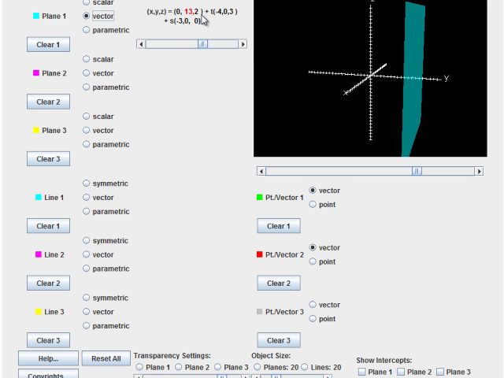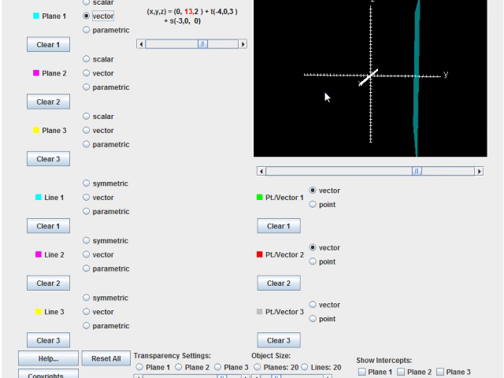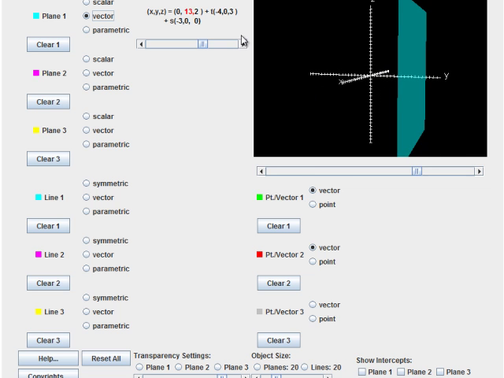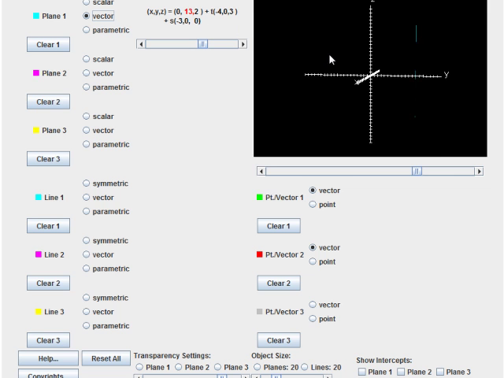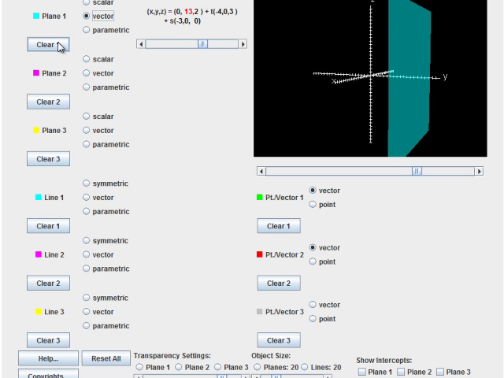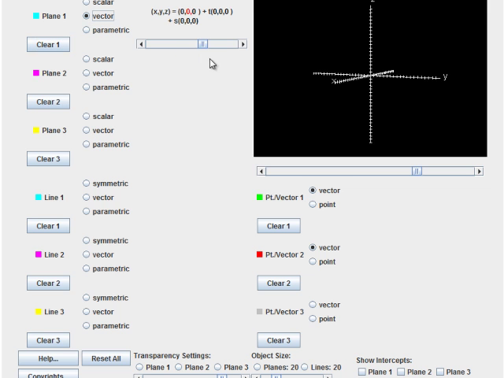So it's going through the point 0, 13, 2. Okay, so that demonstrates from our first example the plane whose direction vectors are based on -4, 0, 3 and -3, 0, 0.